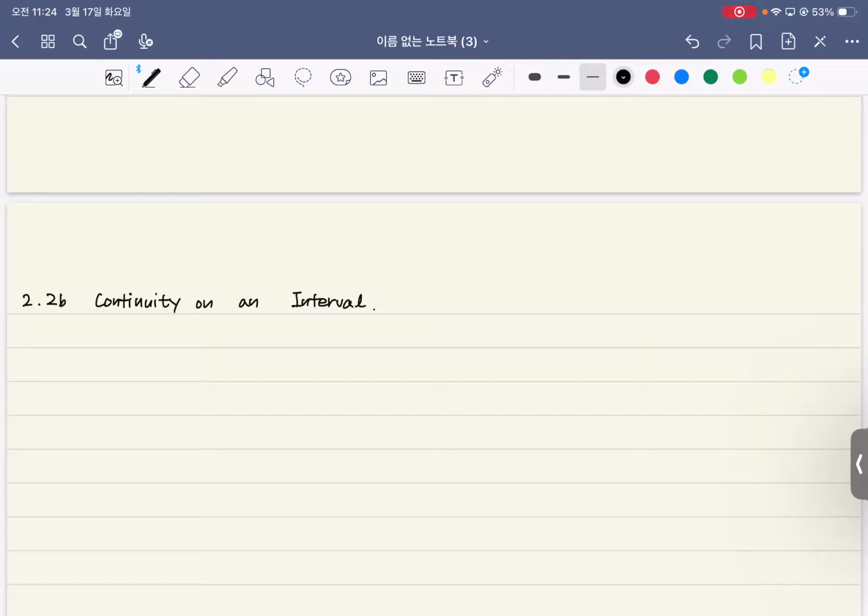That is a very okay definition, not bad, but we can do even more. Today I'm going to introduce a slightly stronger definition of a function being continuous on an interval, which is called uniform continuity.